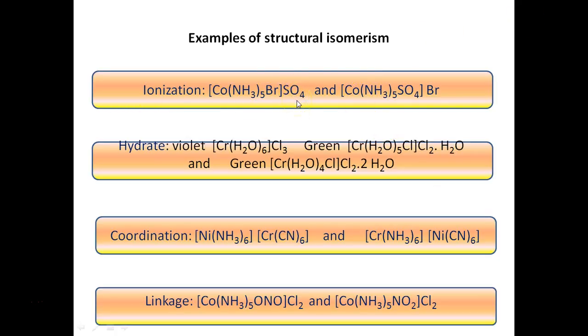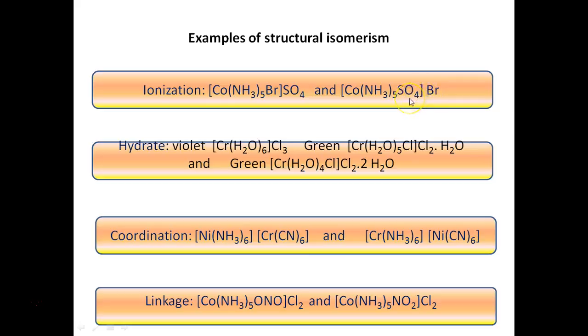This can be viewed as the different ions produced in solution when they are dissolved in a solvent. Say in these two molecules, in the first case, the bromo ligand is inside the first coordination sphere and sulfate ion is outside the sphere, whereas they exchange their position in the second complex.